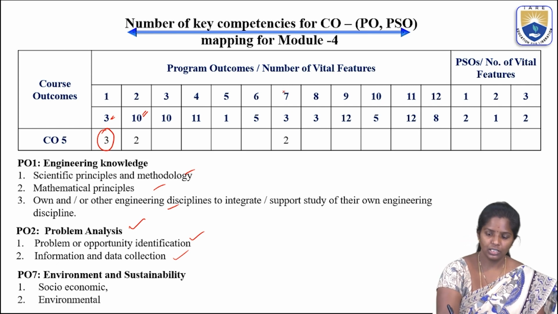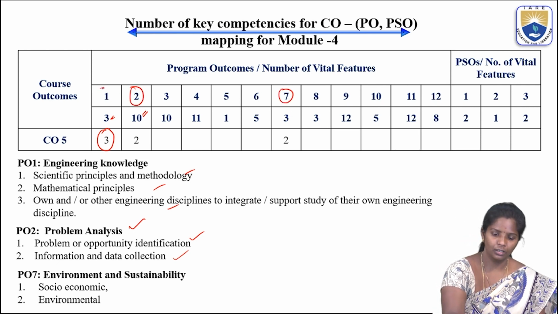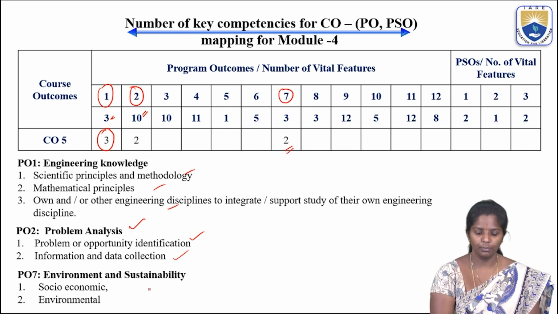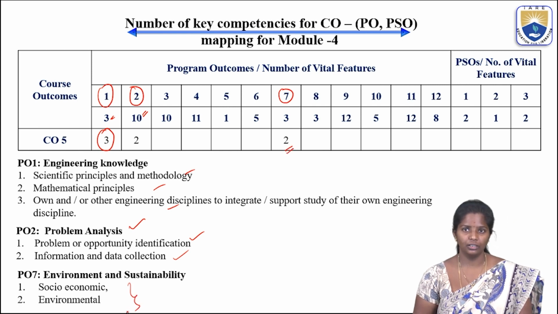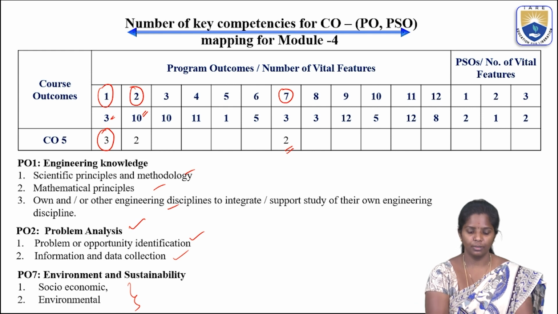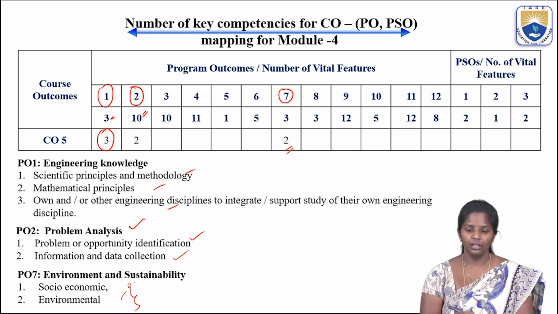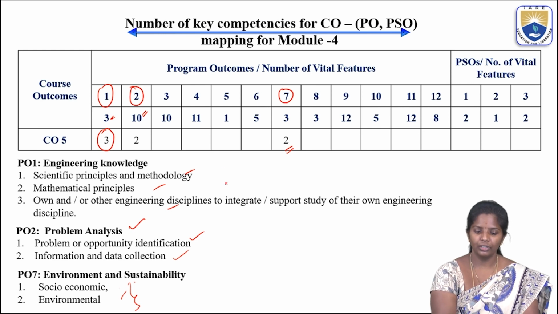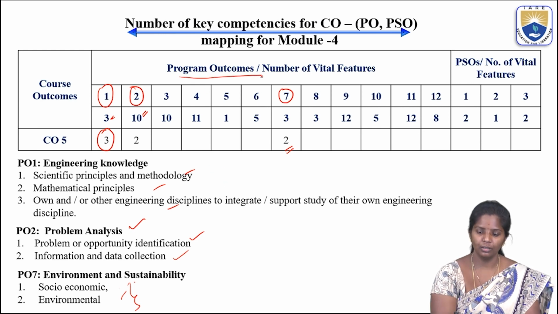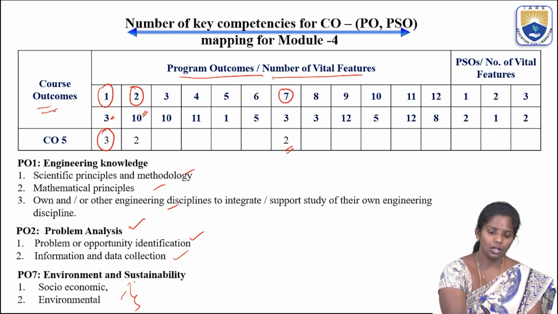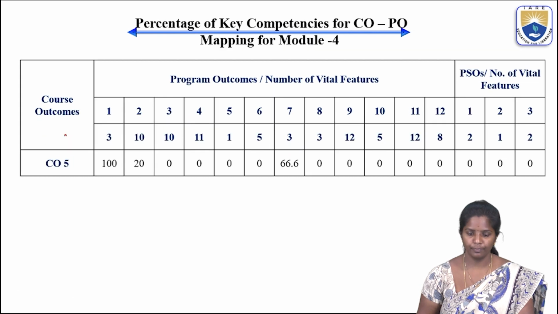And in PO7, out of 3, only 2 are matching. There is no political value here. Therefore, only 2 are matching, from socio-economic and environmental. This is how we build a table with mapping of program outcomes, number of key competences, with the course outcome for this particular module.